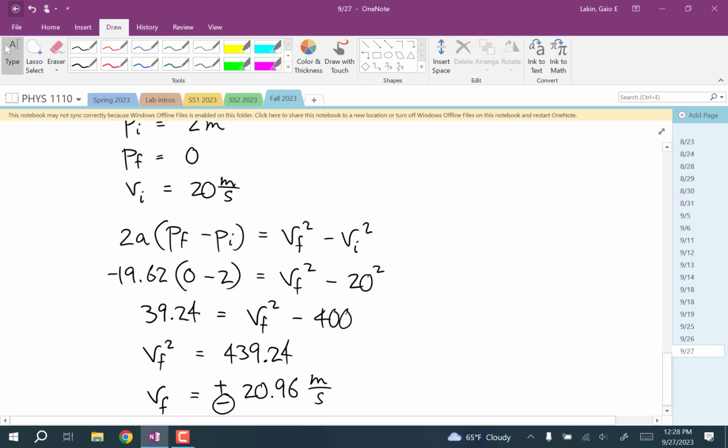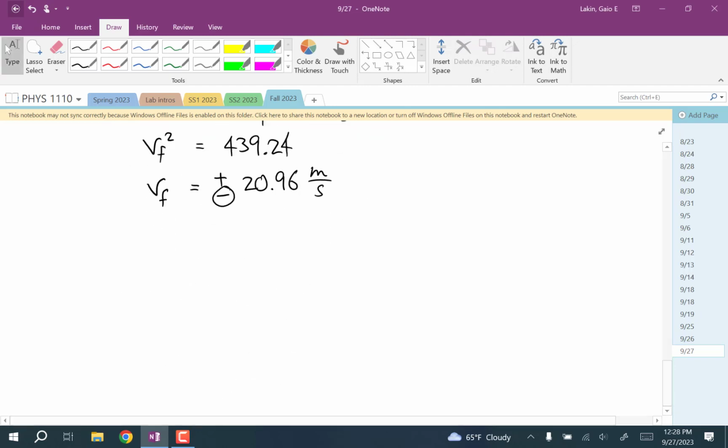Okay, and then the last one. We had a vector that had a magnitude of 15 and makes an angle of 20 degrees with the horizontal.